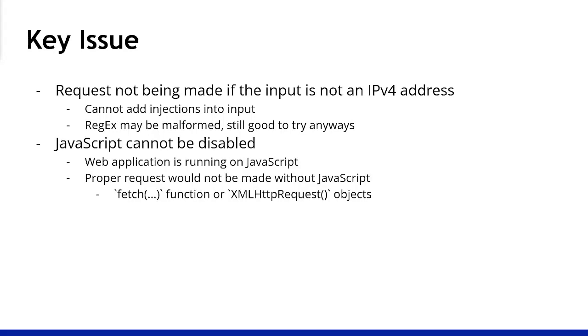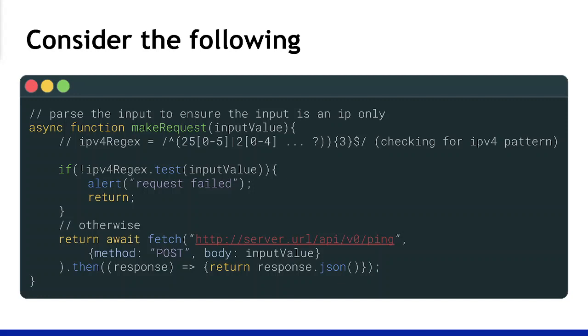So if you're trying to consider how to bypass this, you might consider disabling JavaScript. And that could work in certain situations. However, if we go back to the make request code, we see that at the very bottom under this otherwise comment, the JavaScript is making a call to this fetch command.